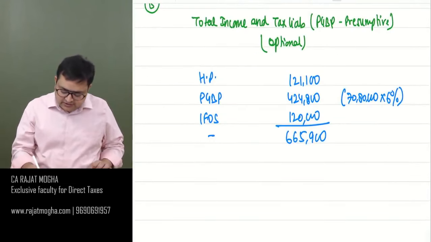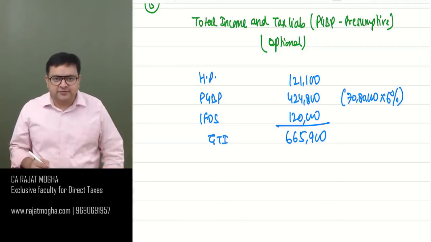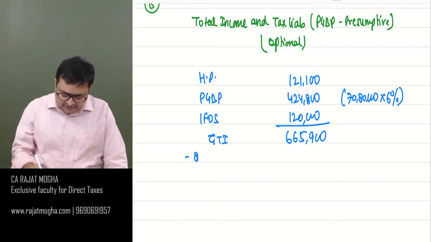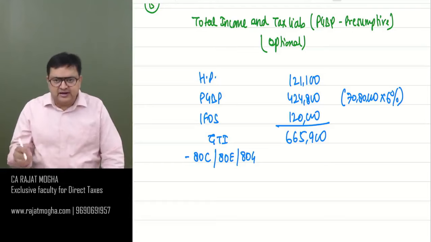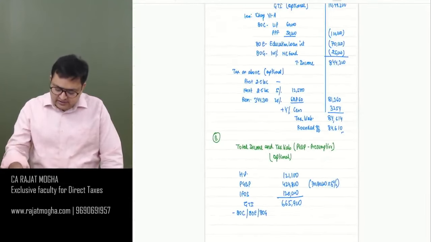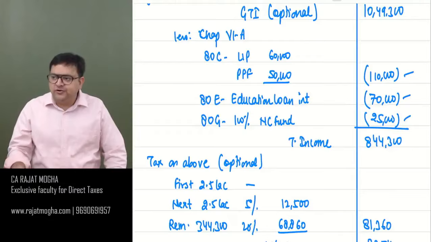This is the total. This is the GTI. And since it is through optional regime, we'll give 80C also, 80E also, and 80G also. And now I will not be writing it again and again. Directly, I'll be taking how much we have taken: 1,10,000, 70,000, 180, and 25,000, 205.